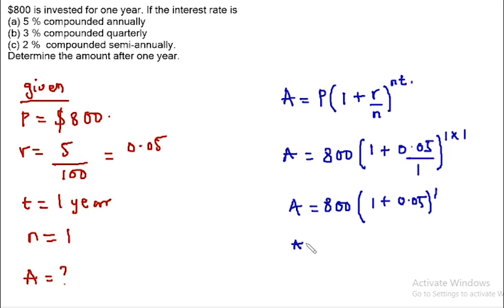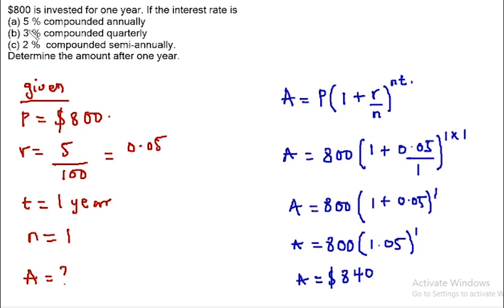We have A equal to 800 times 1.05 to the power of 1. 1.05 to the power of 1 is still 1.05, times 800. So the amount compounded after 1 year is $840.